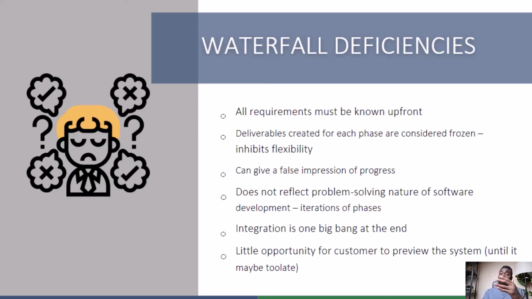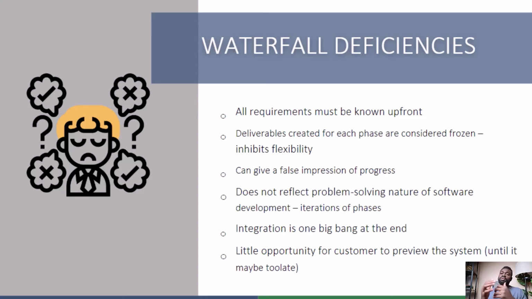High risk in uncertain environments. In situations where the project requirements are not well understood or are likely to change, the waterfall model can be risky. It may result in a product that doesn't align with changing business needs or user expectations. Another drawback is limited customer involvement.